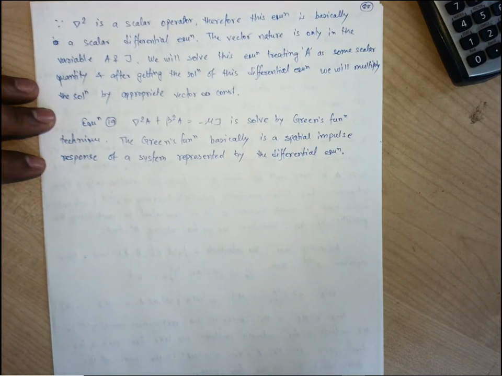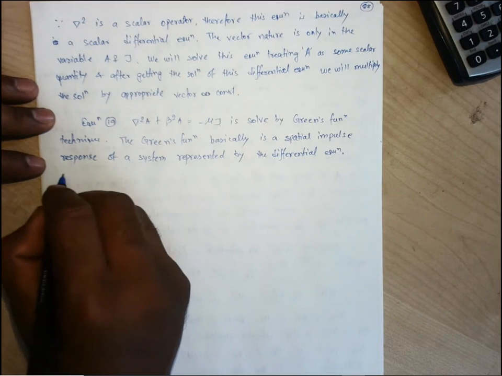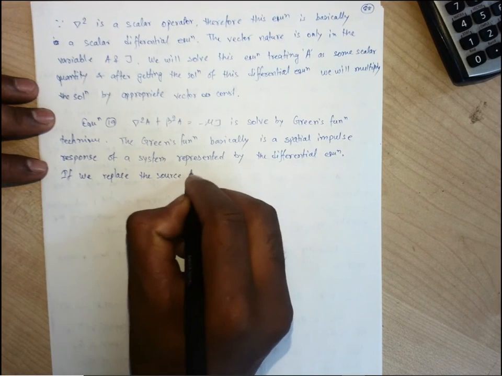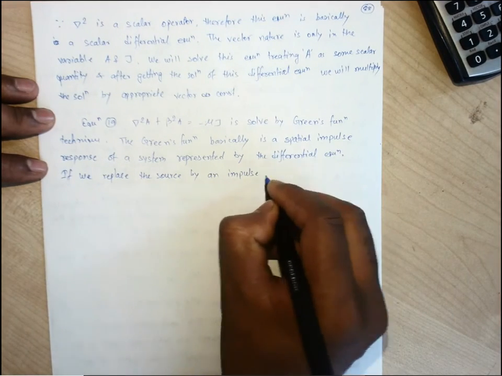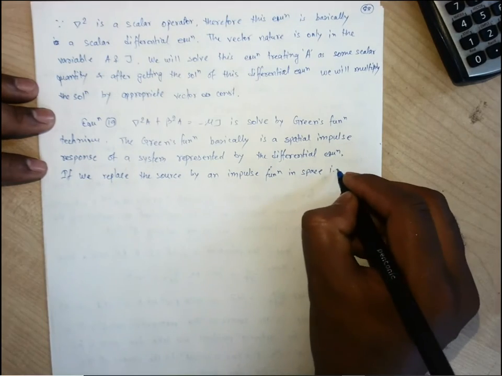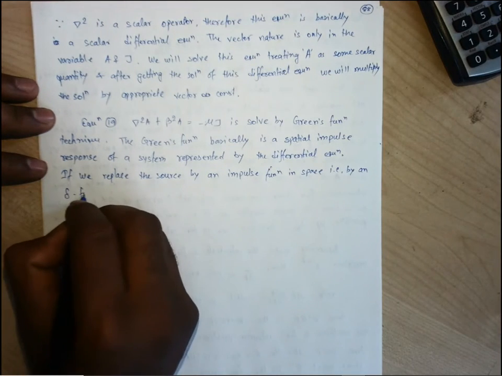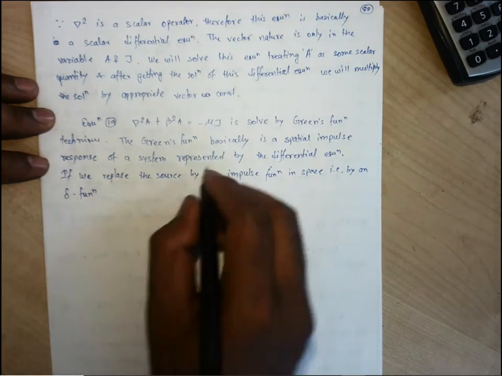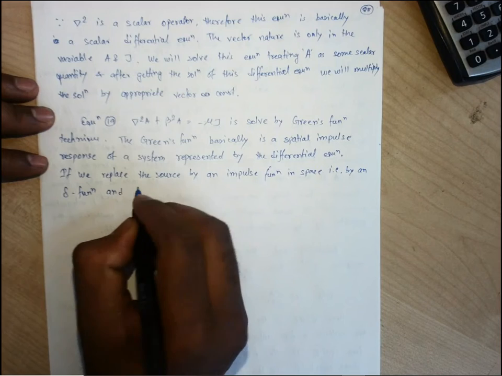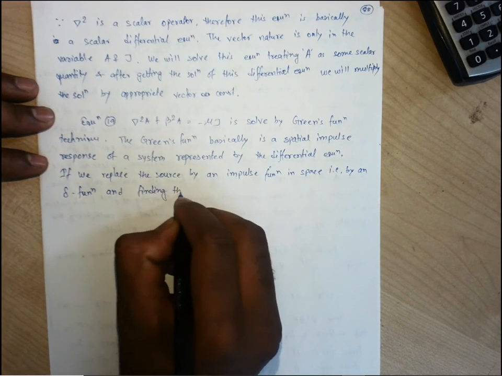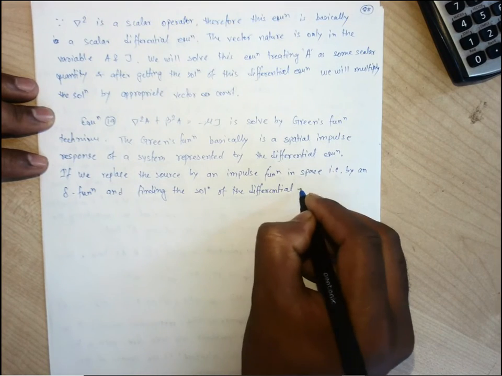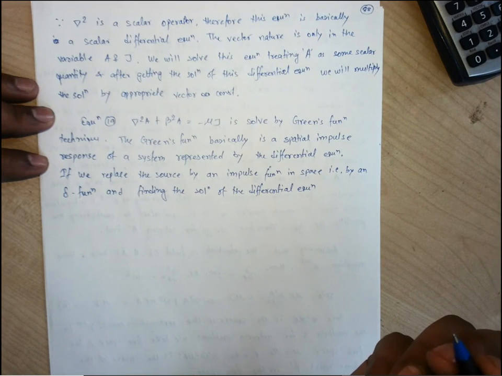So that source will be replaced by an impulse function in space, that is by a delta function, and finding the solution of the differential equation, that solution is called Green's function.